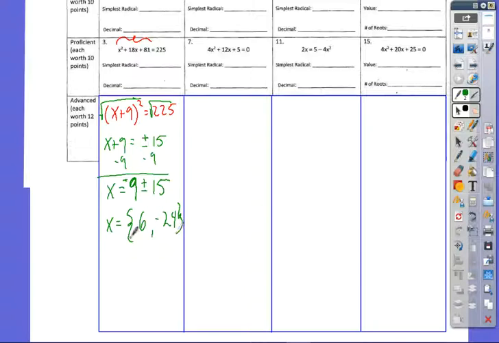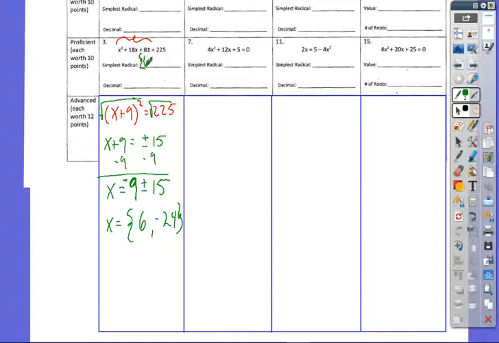Now, these little squiggly brackets actually mean something different in math. It's not just a fancy parenthesis. It is telling me that I am giving you a solution set. So the solution set is 6 and negative 24, and I would go ahead and write that.